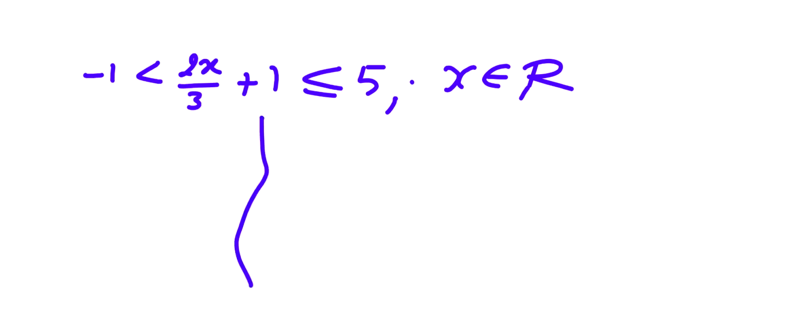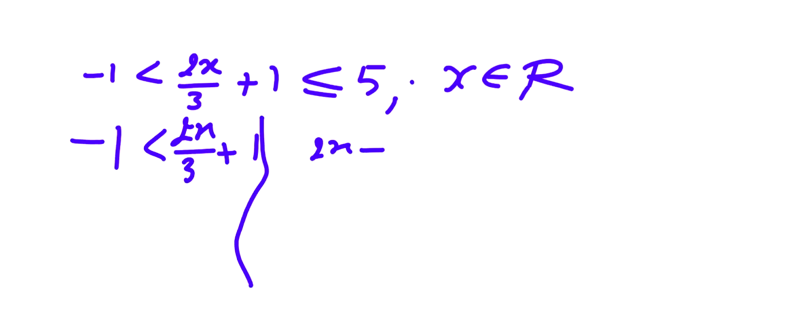First: minus 1 is less than 2x by 3 plus 1, from the left, and 2x by 3 plus 1 is less than or equal to 5. Will you be able to solve here? Do it yourself.